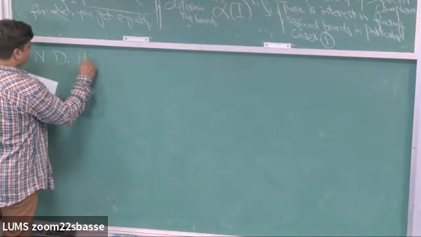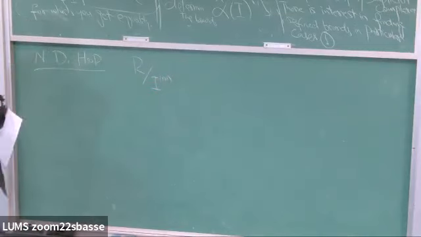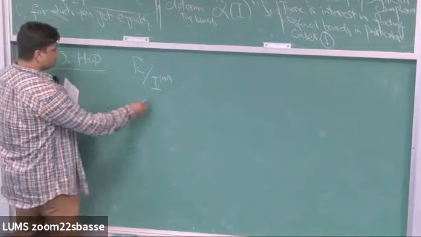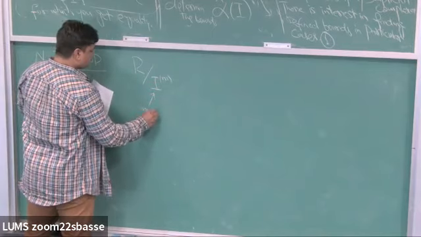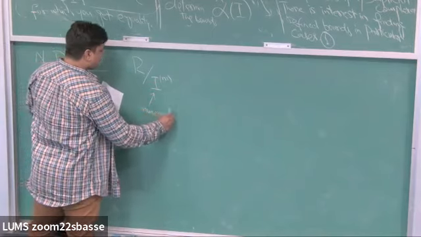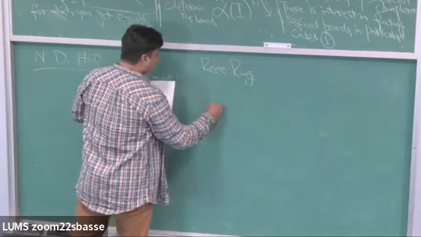Hope was discussing, he introduced an interesting setup. Again, he was also discussing the symbolic power of the ideal, and particularly in the monomial case. Regarding every ideal, we have the structure of the Rees ring.